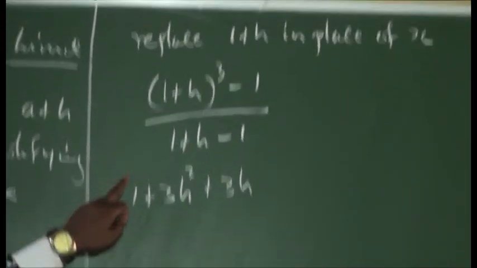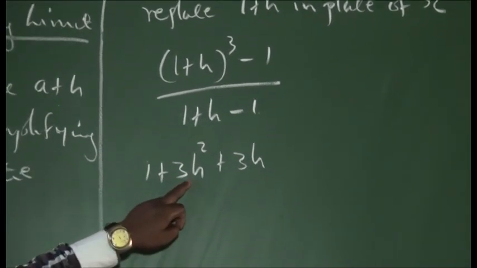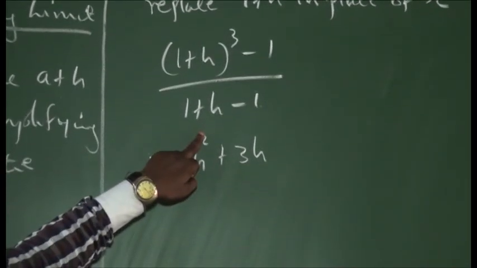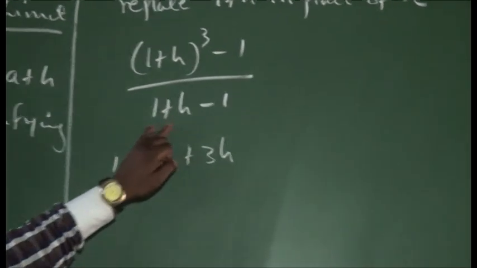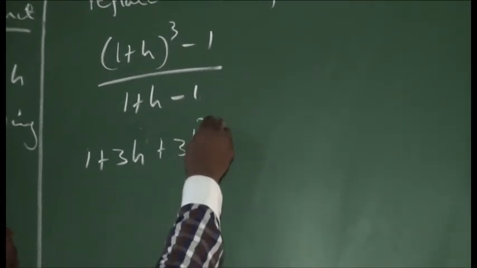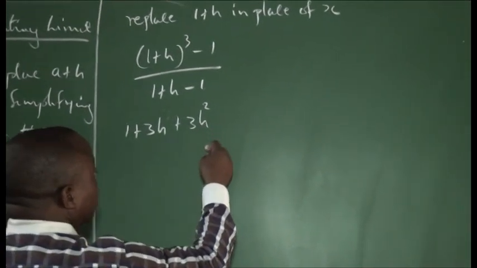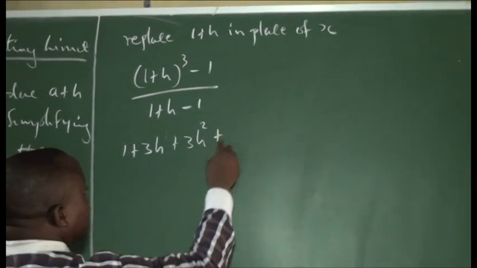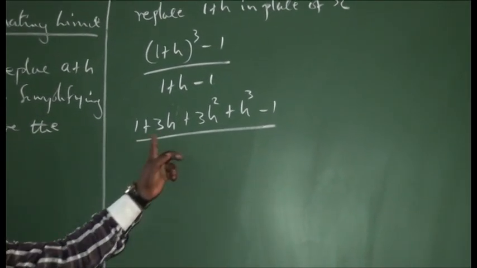By binomial expansion, 1 cubed plus 3 times 1 squared times h, that is 3h, plus 3 times 1 times h squared, plus h cubed.